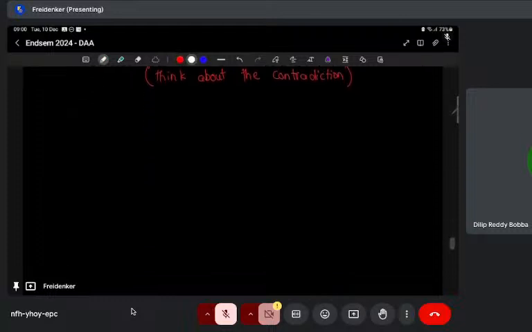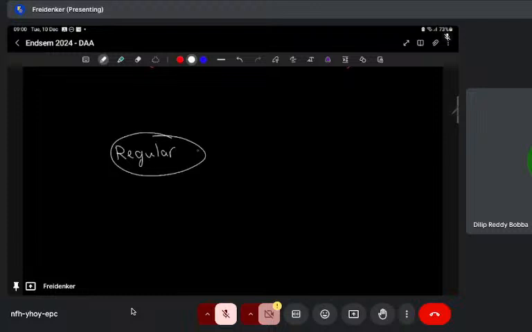Okay, so the languages of DFAs are regular languages. Then the languages of PDAs are context-free languages.